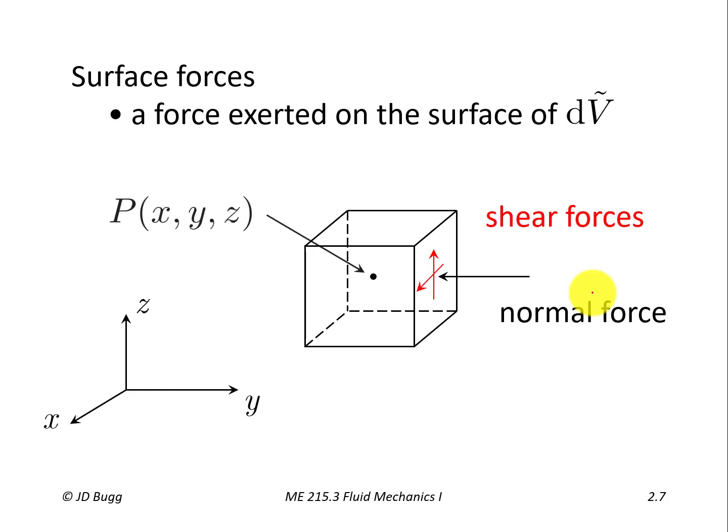Now also, as a reminder, remember that we've defined the pressure in the center of this cube to be P. So the normal forces on all of the faces are going to be dependent on the pressure being exerted on all 6 faces of this cube.